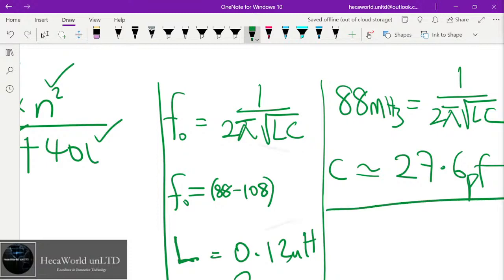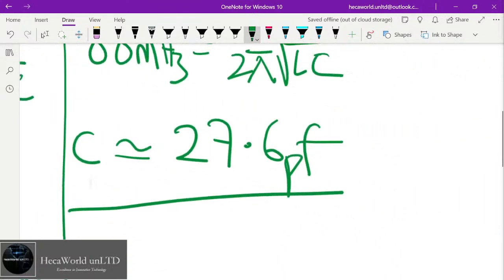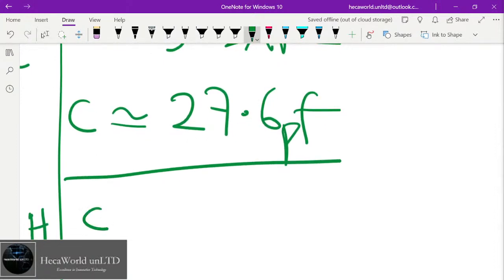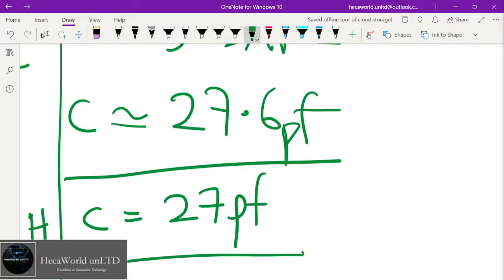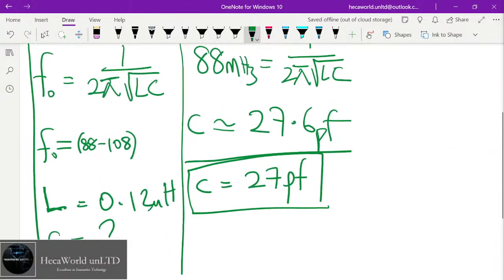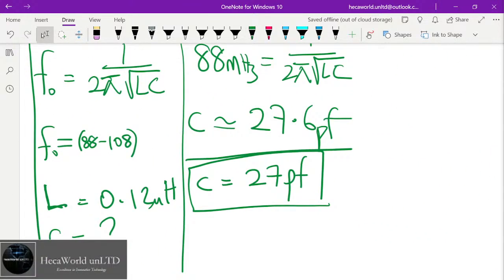And we have a ready-made value of 27 picofarads capacitor. So we use the 27 picofarad capacitor in our design, and we were able to play around with the inductor to just change the value of the frequency to get us in the FM range.